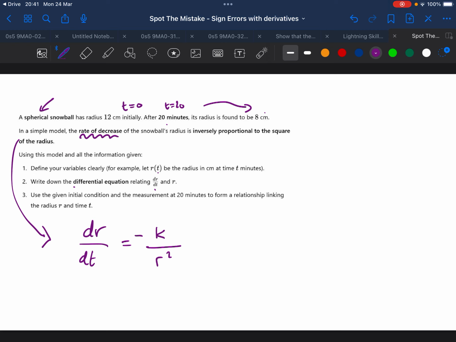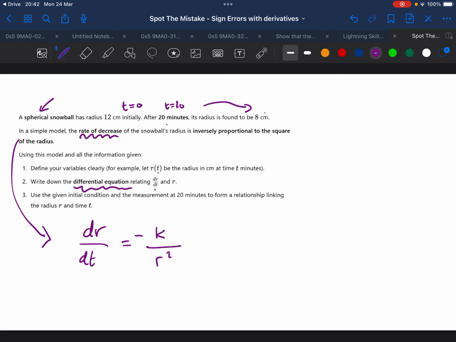Well, this is all about differential equations, dr, dt, and r. In order to use some of this information, first of all I'm going to need to be doing some integration, because I don't have any numbers up here about how it's changing. But I do have values about radius and time.